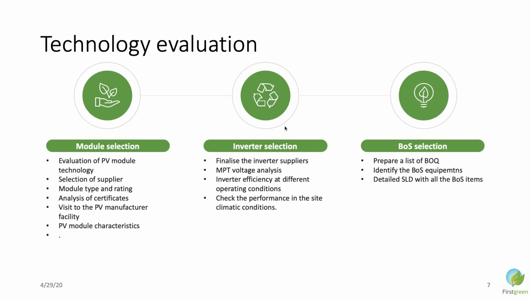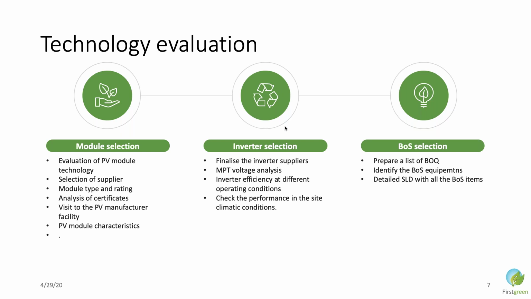Before we go to those phases, it is important that some discussion is done on two critical components, that is module selection and inverter selection, because these are the two critical items on which the whole plant configuration will remain. So when you select a module, what are the considerations required?